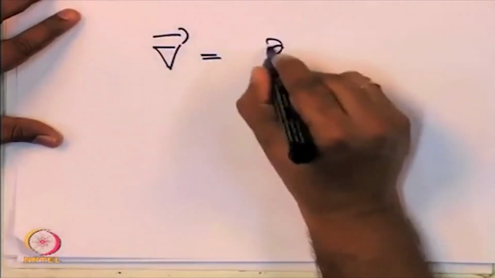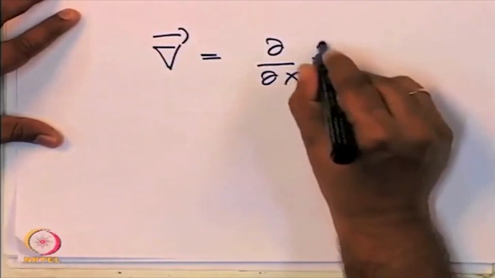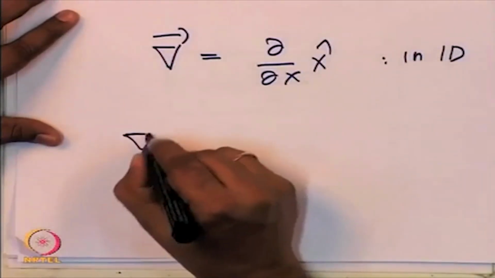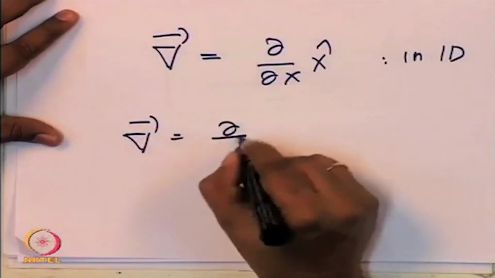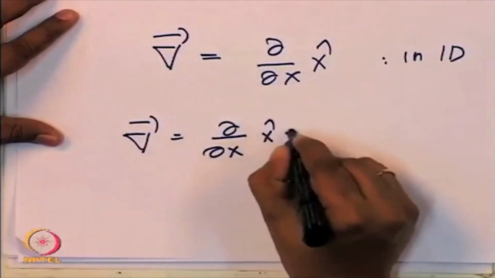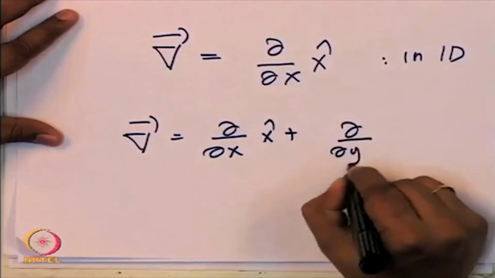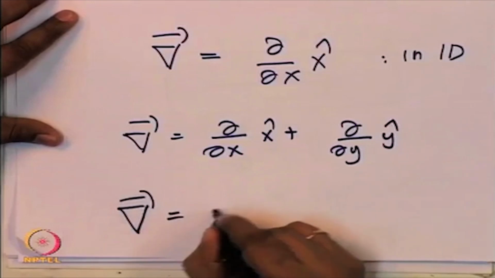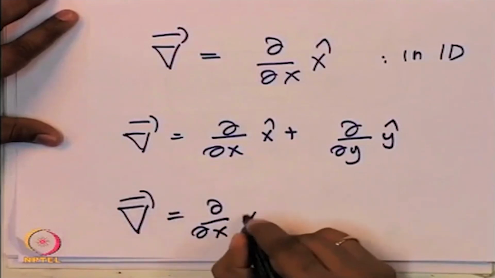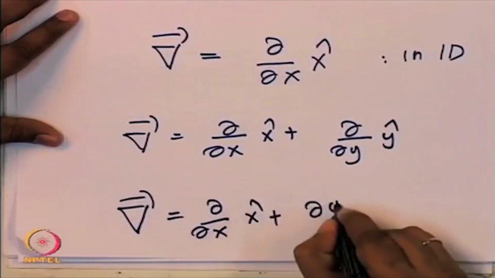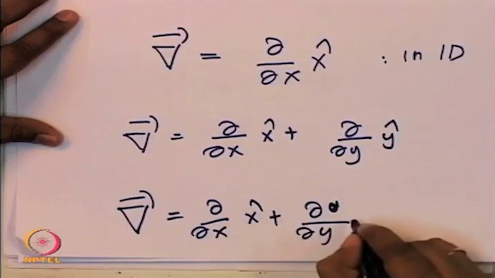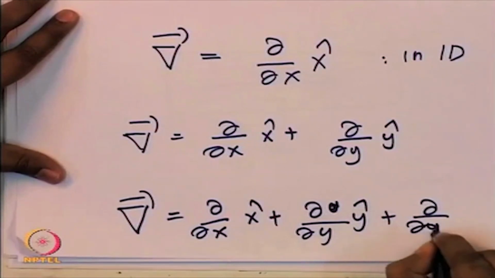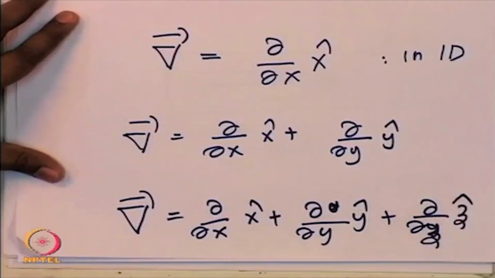This means del by del x x cap in 1D. In 2D, the del would mean del by del x into x cap plus del by del y y cap. In 3D, the del would mean del by del x into x cap plus del by del y into y cap plus del by del z into z cap.